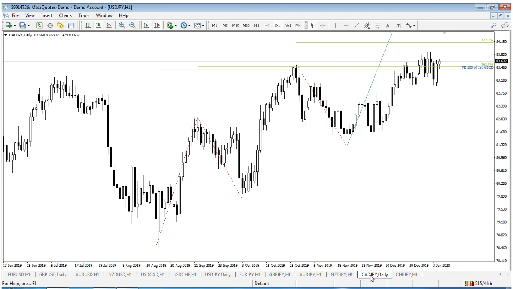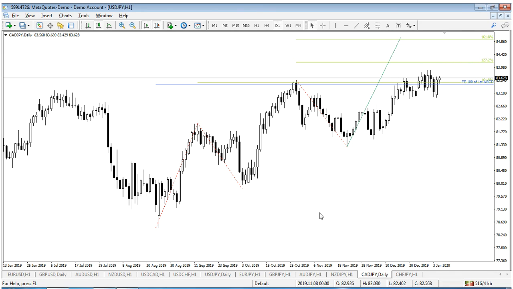So coming back to CAD JPY, let's talk about the target of CAD JPY. If we look at the recent development in CAD JPY, it is very harmonic. Let's start from this point. From this point, this is looking like a three drive: first drive, second drive, and third drive. The second drive was a 161.8% extension of the first drive.